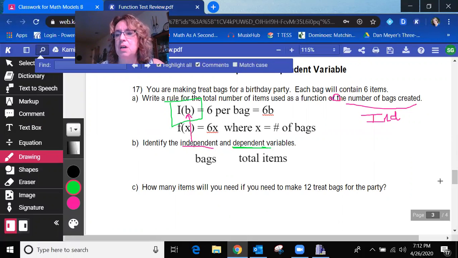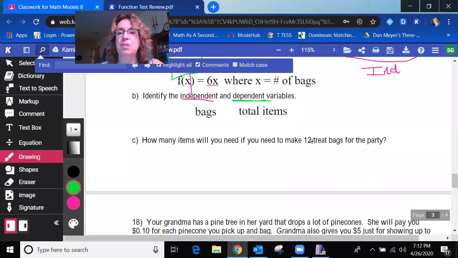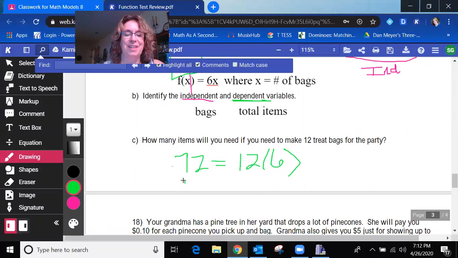Maybe that'll help. How many items do we need to make 12 treat bags? So to get 12 bags, oh, no, 12 times 6, 72. 72 items.